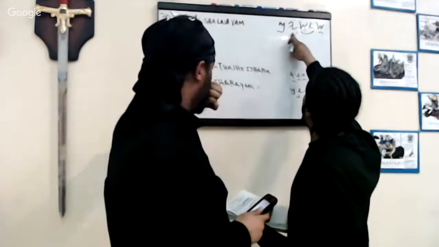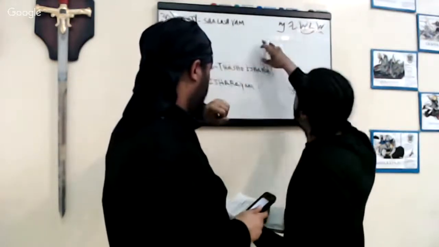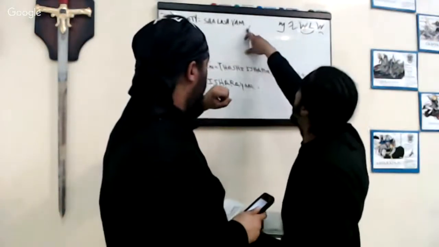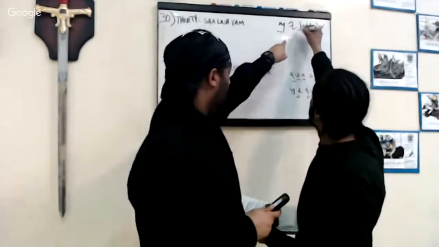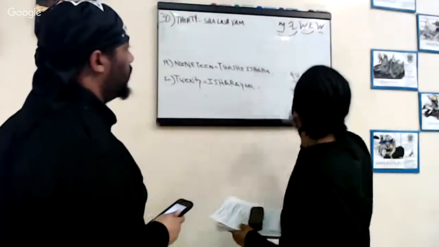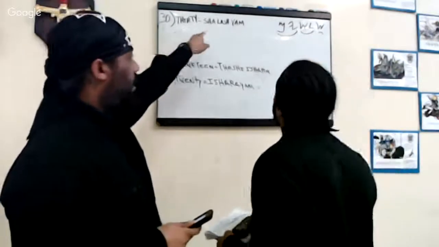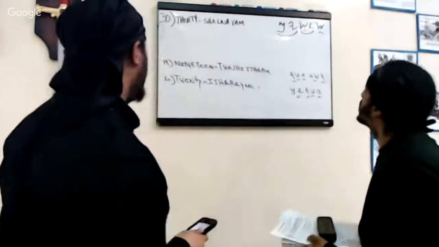You understand? So now what do you have to put? There's no A. So you're connecting the Ya and the Ma. Right. Okay. Now, next. So 30 is Shalash Yum.